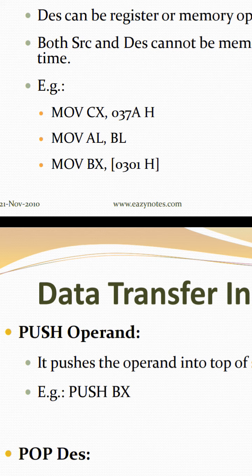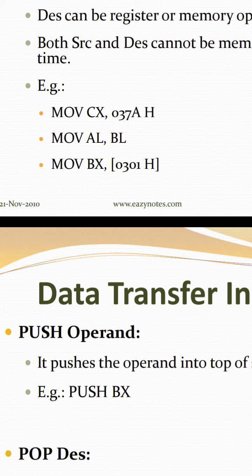After execution of MOV CX, 037AH, the CX register copies the 037AH data. Now MOV AL comma BL. AL is the 8-bit register, the lower byte of the AX register accumulator. BL is the lower byte of the BX register. So BL register contents will be copied to the AL register.